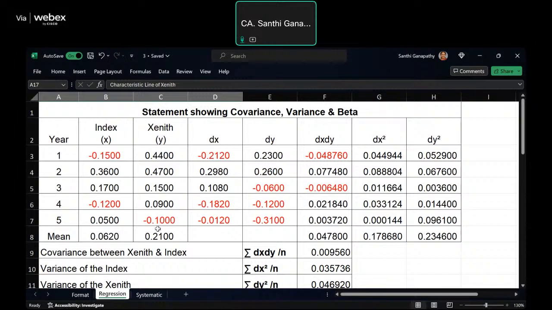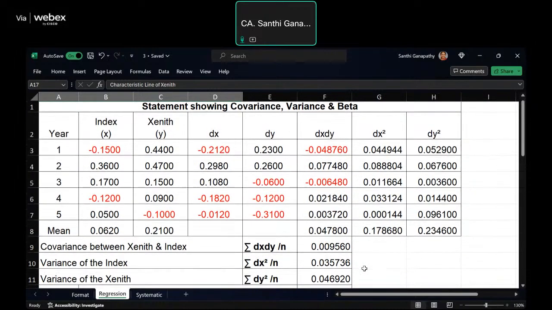Similarly, for Zenith, what is the deviation for index? What is the deviation for Zenith? We want the covariance, so sigma dx dy divided by n. We want the variance, so sigma dx squared divided by n. Probability means we will multiply with probability. Actuals means we will divide by the number of years.